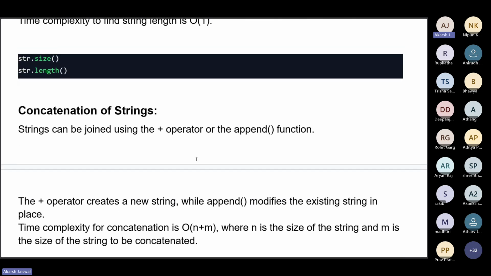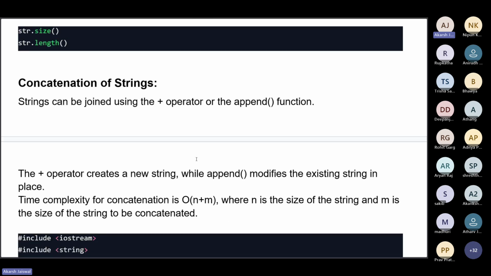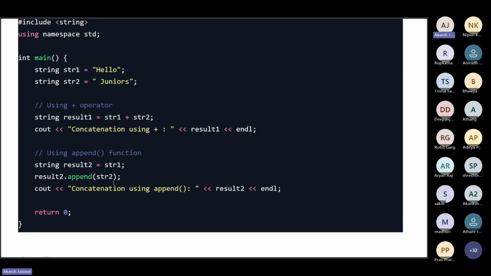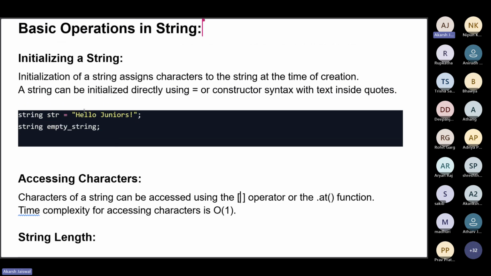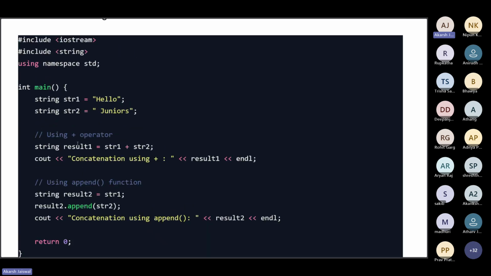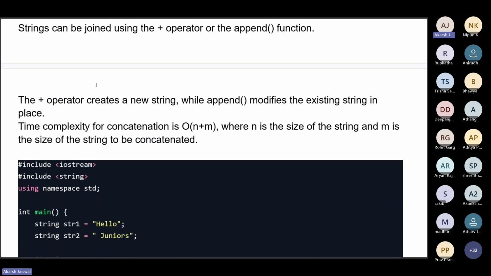Concatenation of strings. If you want to add two strings, for example, if you have hello and the other string as space comma juniors, you can simply do the add operation, and it would concatenate the two strings.